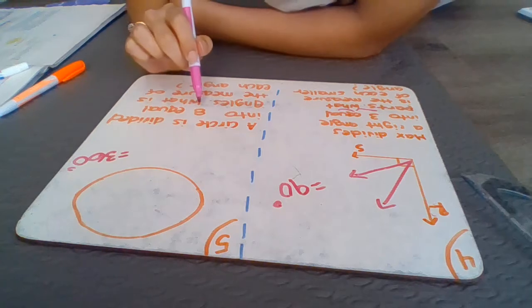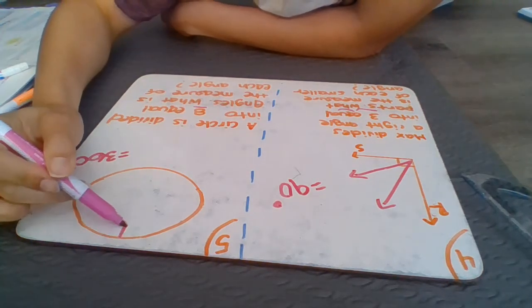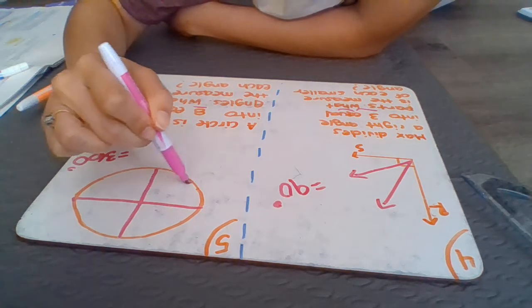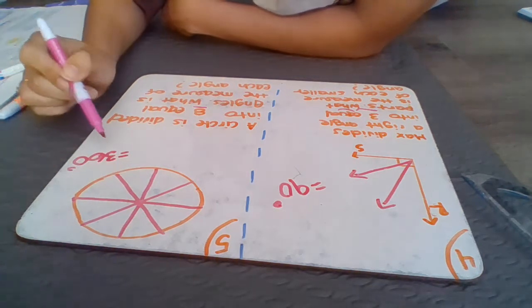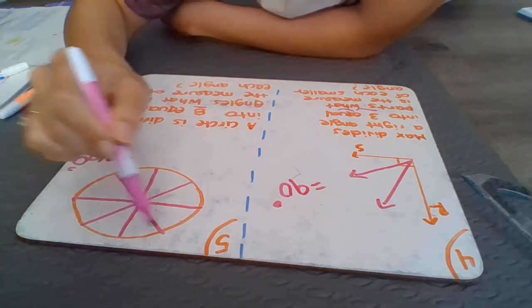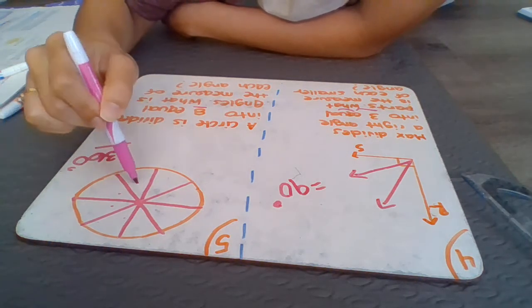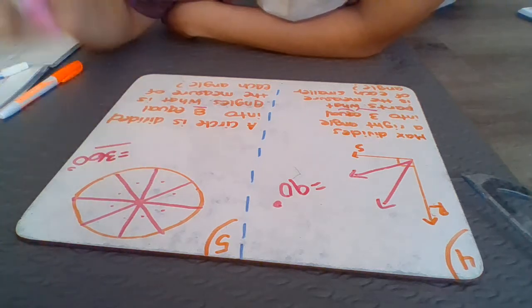I know that he cut it into 8 equal parts. So I'm going to cut my circle into 8 equal parts. So I have 360 degrees as my whole, and I cut that into 8 equal parts.